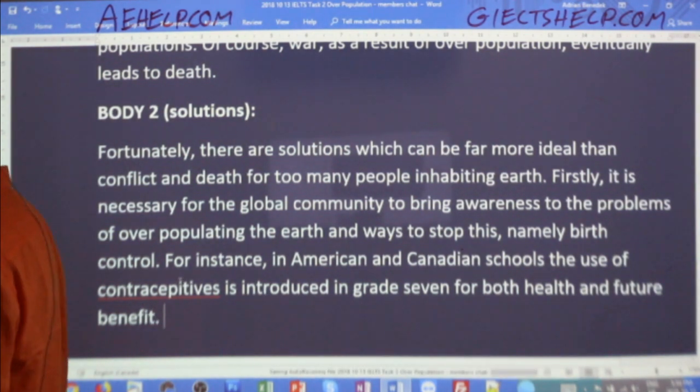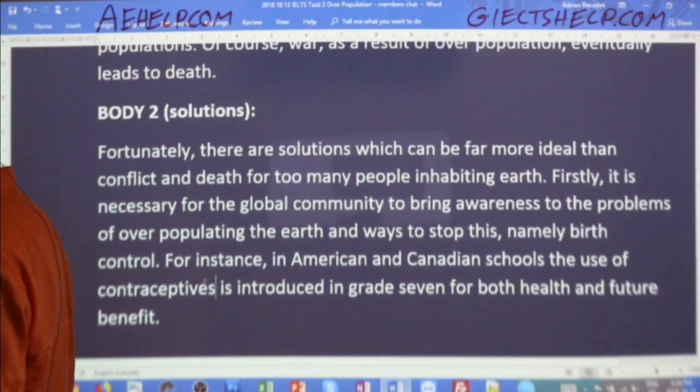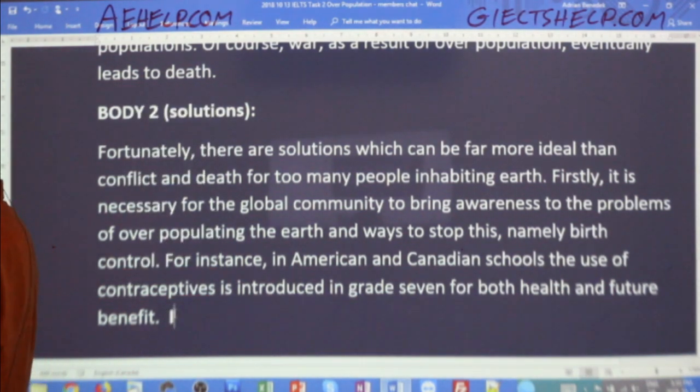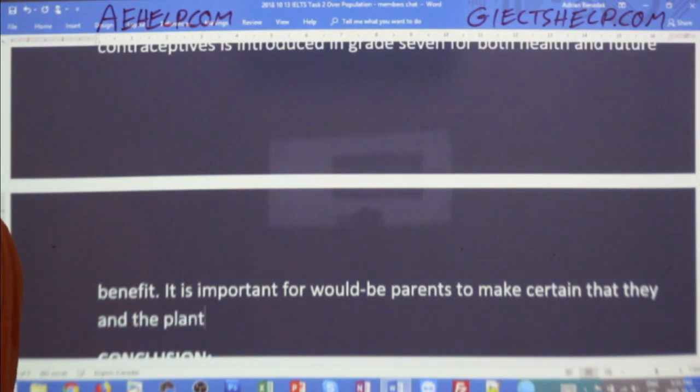Okay? It is important for would-be parents to make certain that they and the planet are able to support their offspring.